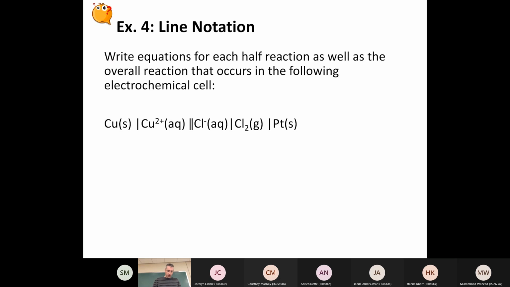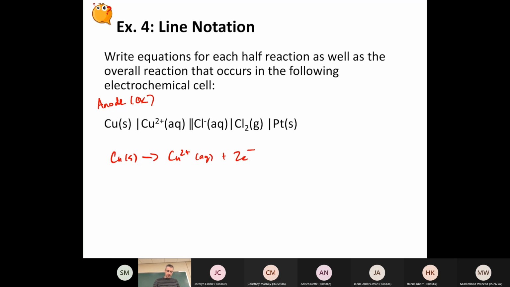We'll do it quick. We want to write equations for each half reaction as well as the overall reaction. So you can see on the left we have copper solid. This is the anode. This is where oxidation is happening. So the oxidation means it's losing electrons. So the reaction here would be copper solid goes to copper 2 plus aq plus 2 electrons.